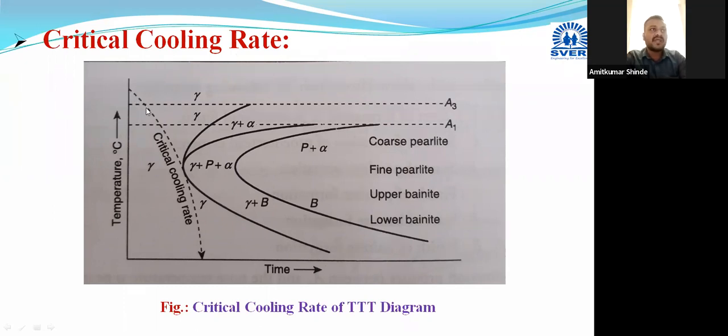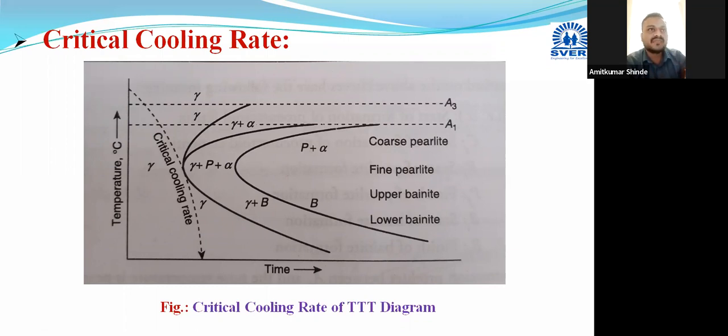The cooling rate which just touches the nose of the IT diagram or TTT diagram, or the cooling rate which just bypasses the nose of this diagram, is termed as critical cooling rate.